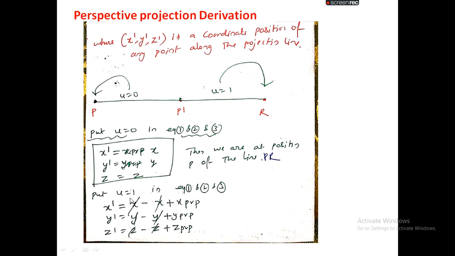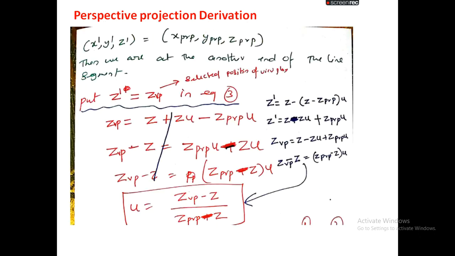Means after substituting u value 1, your projection coordinates will become equivalent to your camera coordinates. This is about the u value. Here I have written clearly what x dash, y dash, z dash are when you substitute u equal to 1.